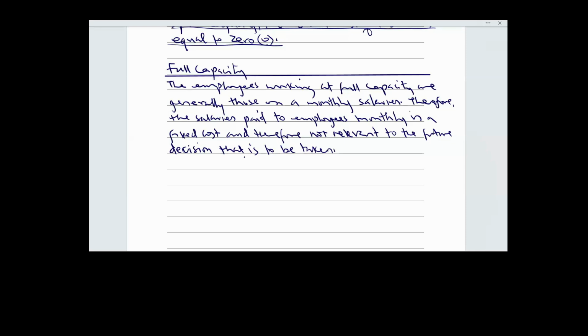It's not relevant to the future decision that is to be taken. Let me put it down. Except it is incremental in nature. So that's only when you consider fixed cost.